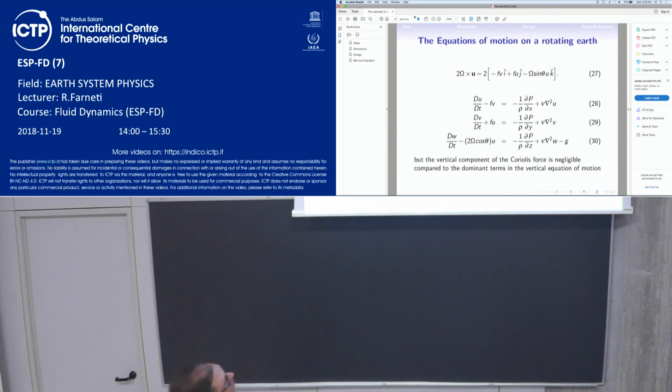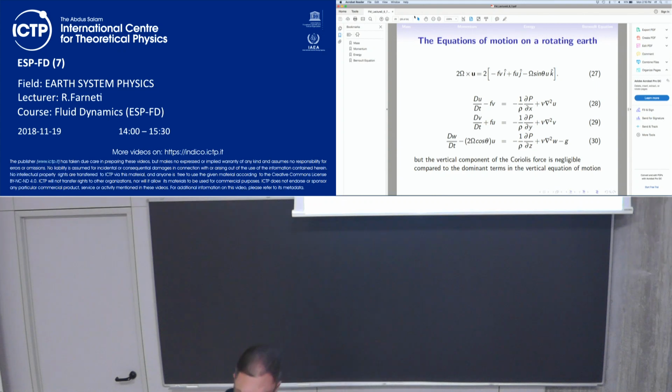So if you neglect viscous effects, the last terms on the right, then you have a balance between two forces mainly. One is the Coriolis force on one side and the other one is the pressure gradient. The balance between those two forces, the Coriolis and the pressure gradient, will determine your velocity field U and V.